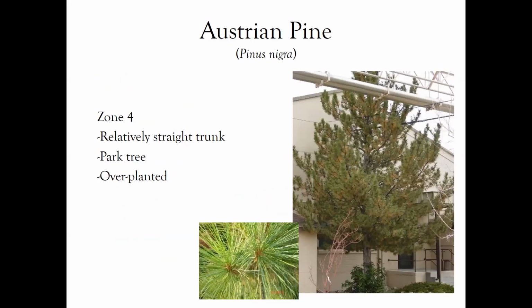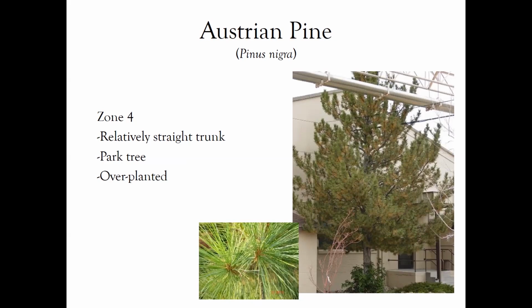Austrian pine, Pinus nigra. Out of all of the needled evergreens, pines typically do the best out of the firs, the spruces, and the pines in landscapes because they're the most adaptable. Austrian pine has a relatively straight trunk. It's good as a park tree or in a larger landscaped area typically.